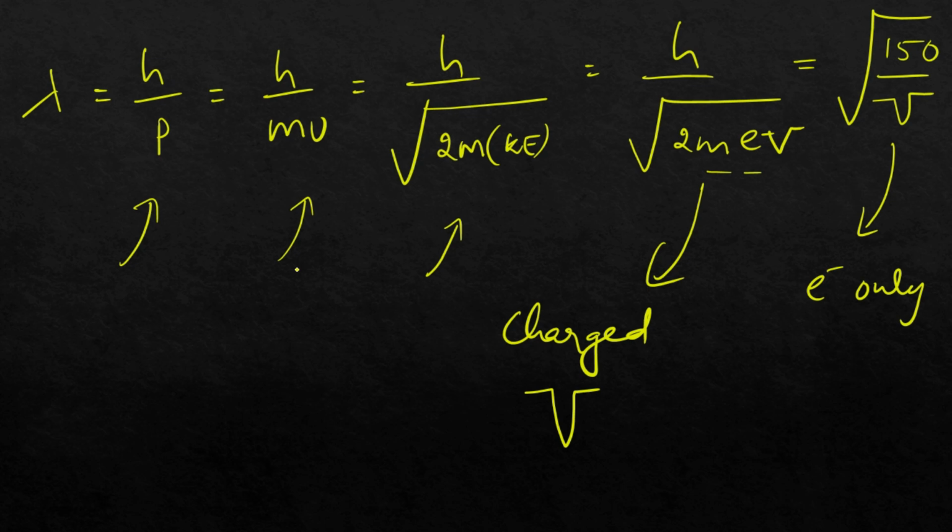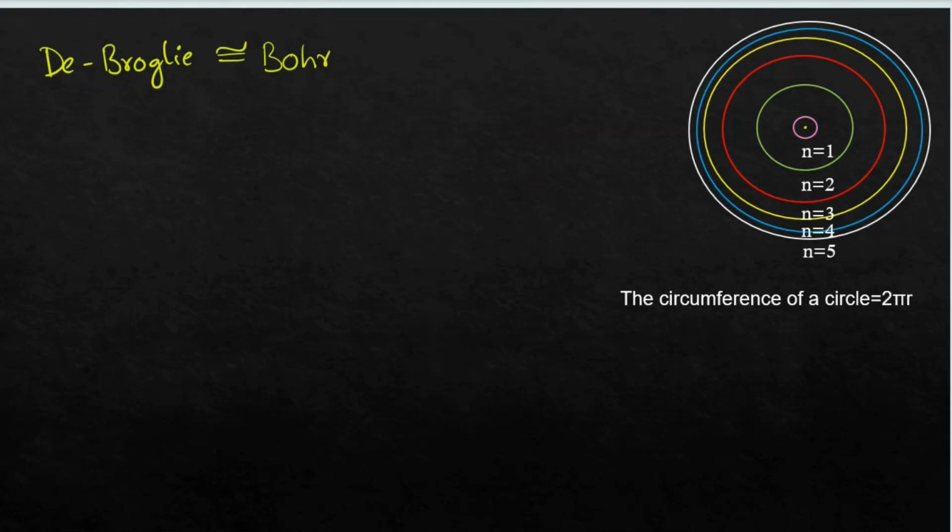Okay. And one more thing, there is a good agreement between Bohr's theory and de Broglie's theory. I mean, Bohr's theory was accepted by de Broglie. According to de Broglie, lambda is equal to h by mv, right? He defined the circumference of Bohr's orbit.